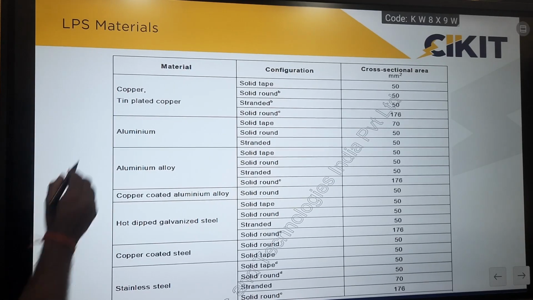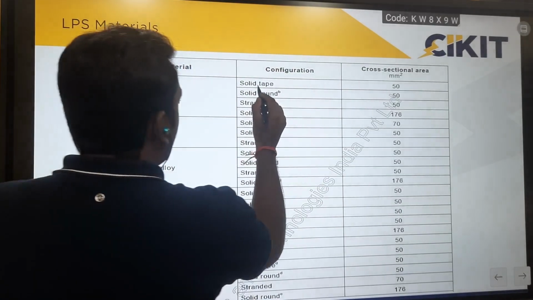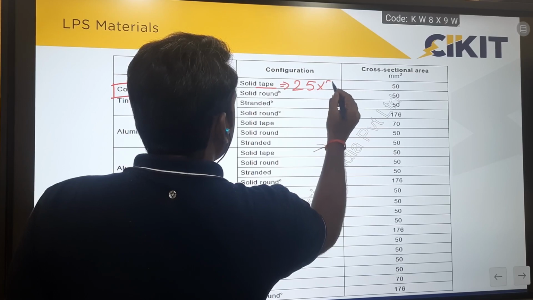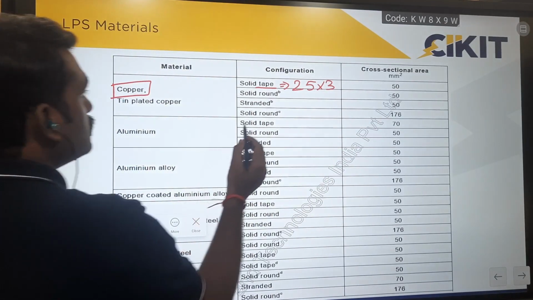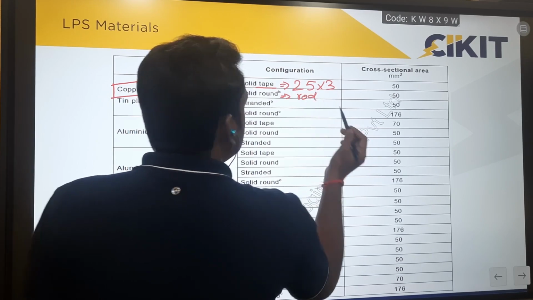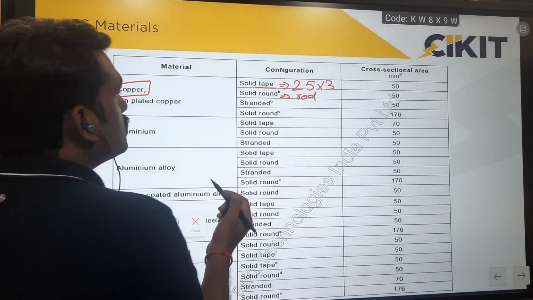Copper can be used in solid tape form, which normally is 25 by 3 strips, or in round form, which is a rod. For the rod, they have maintained 50 square mm as the minimum cross section area.